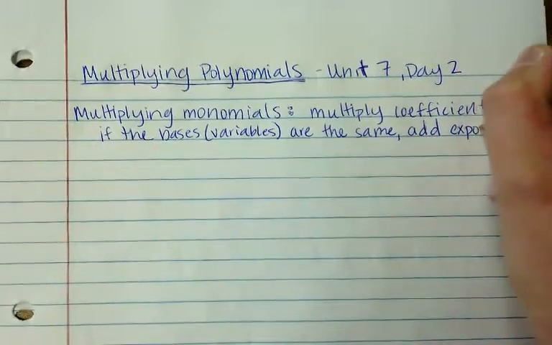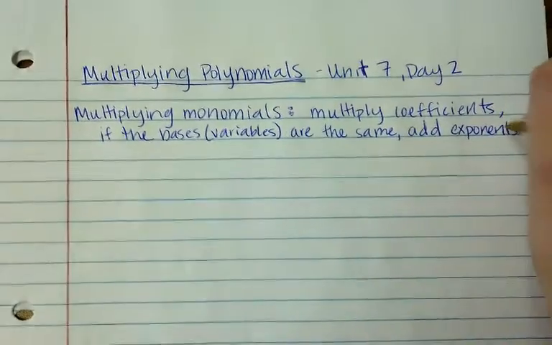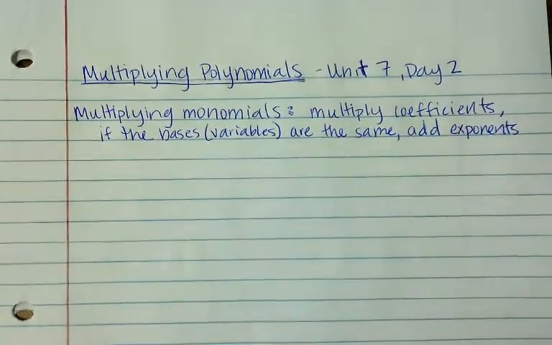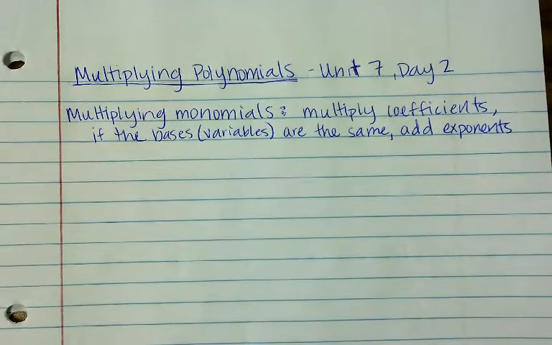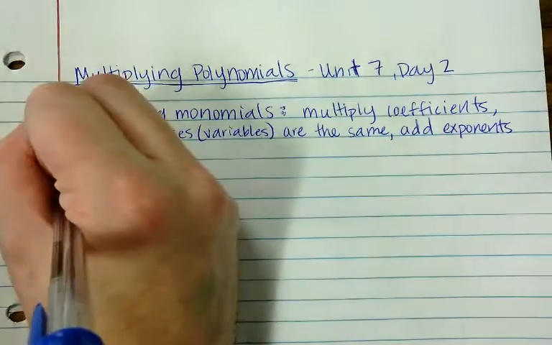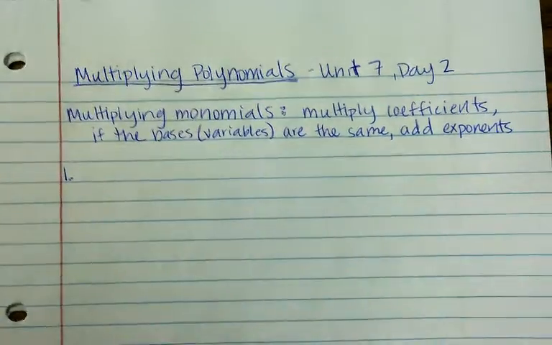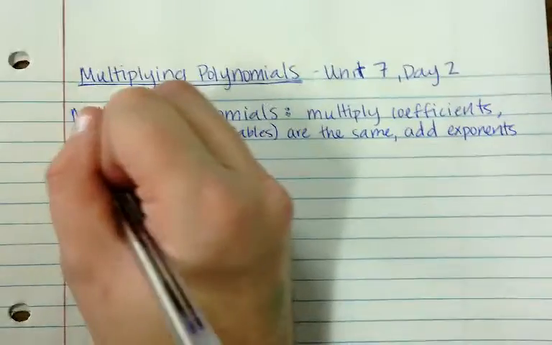You add your exponents. All right, guys? So, if you multiply your coefficients, and then if the bases or the variables are the same, you add your exponents. All right?